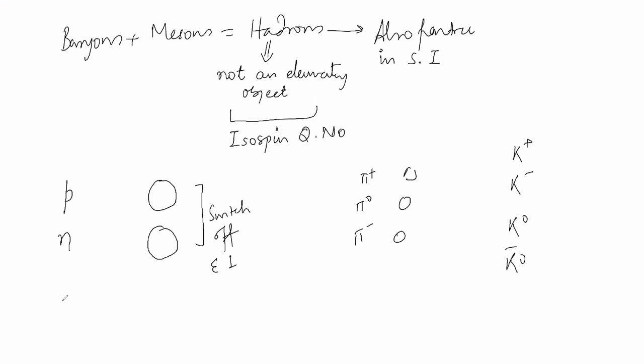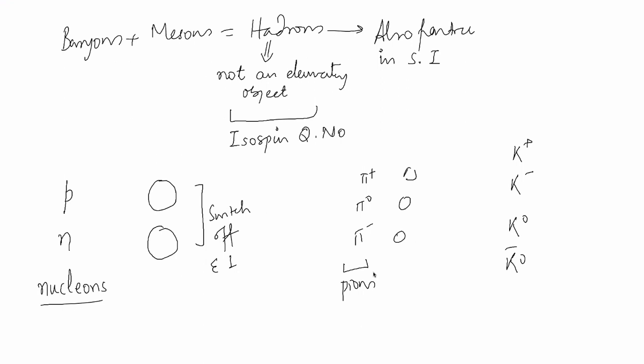That is why we say a strong interaction is flavor blind. It does not see a proton or a neutron; it sees only nucleons. That is why a common name was given to protons and neutrons, nucleons, similarly pions, kaons and other particles.